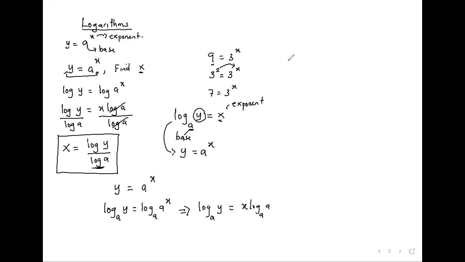Then this means that log a y is equal to x. Every time we have the same things here, this will vanish to be 1, so that we are able to find the value of x.